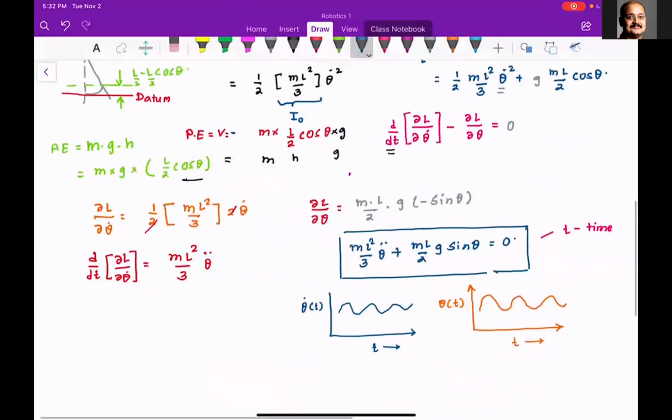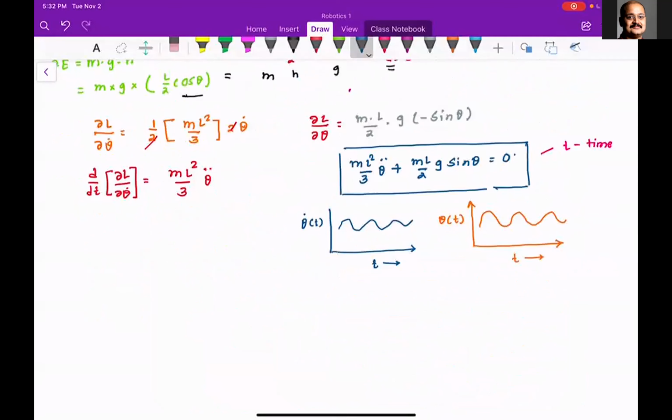Okay, now what is happening in the problem that I gave you? The problem that I gave you is actually a very simple problem. So that problem is something like again a pendulum problem.